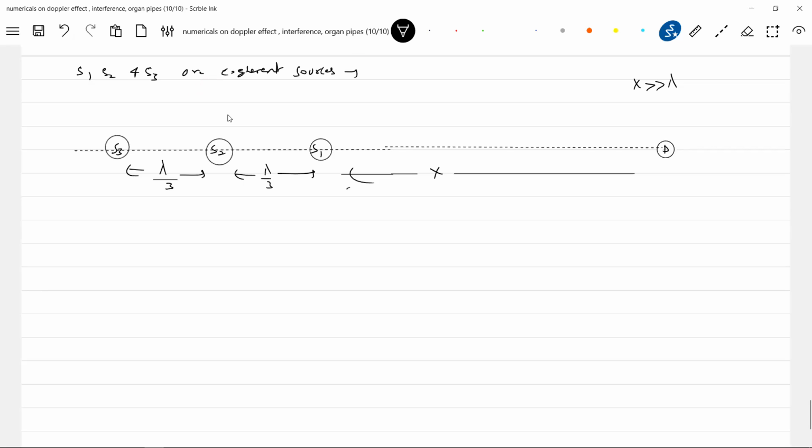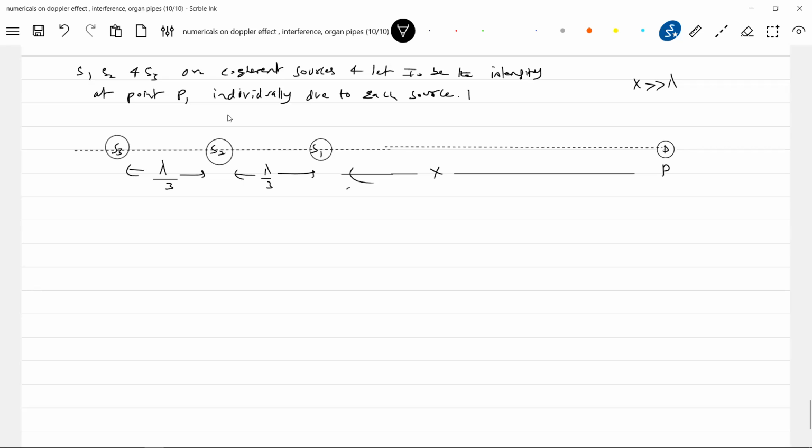S1, S2, S3 are coherent sources, and let I not be the intensity at point P individually due to each source.